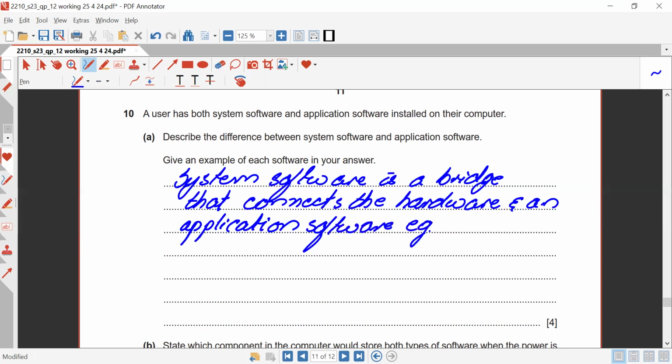Now they have asked for the example. Example here does not mean you write Linux or Unix or iOS or Windows. No, you need to write the category of that software.